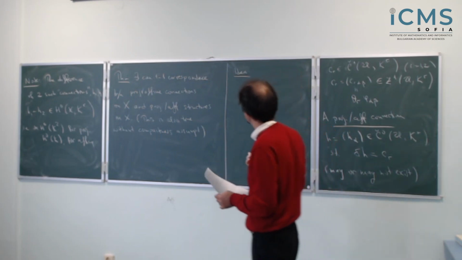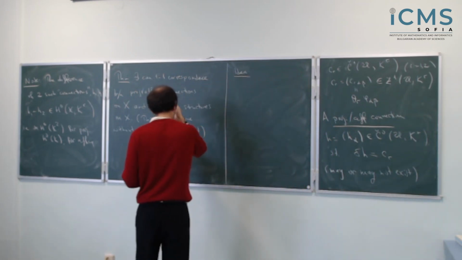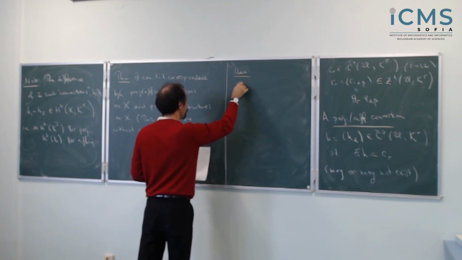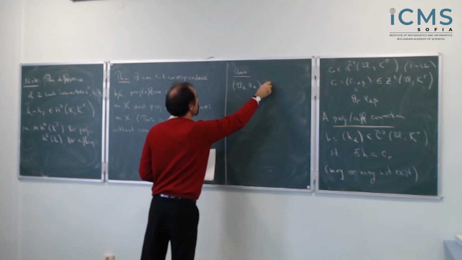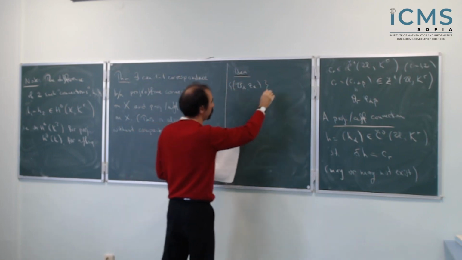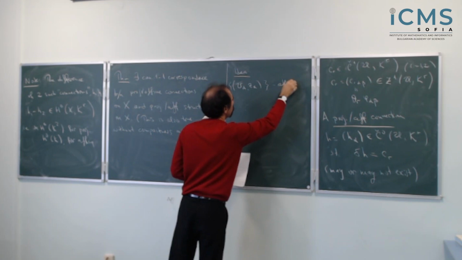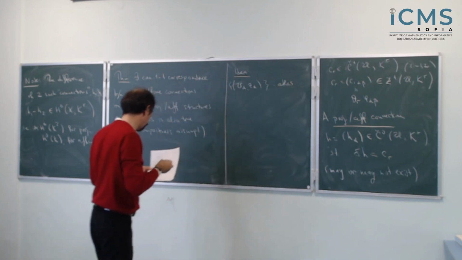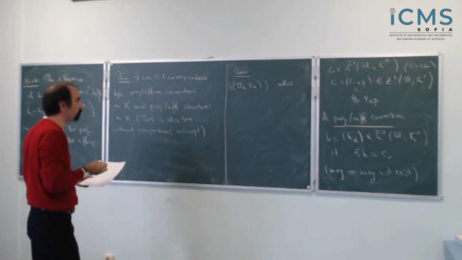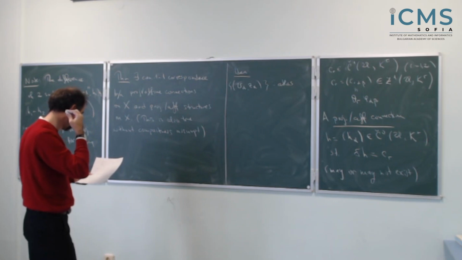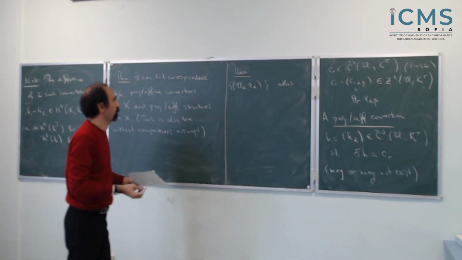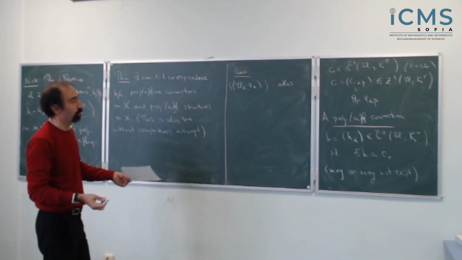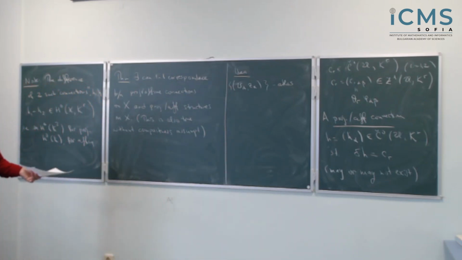So let's say you start with some atlas, U alpha, Z alpha, which is some atlas, not necessarily projective. Now this could be going both ways.